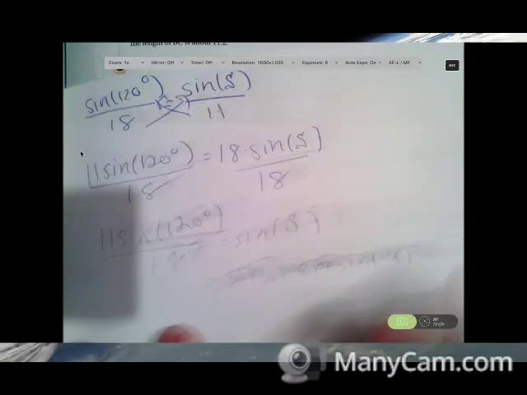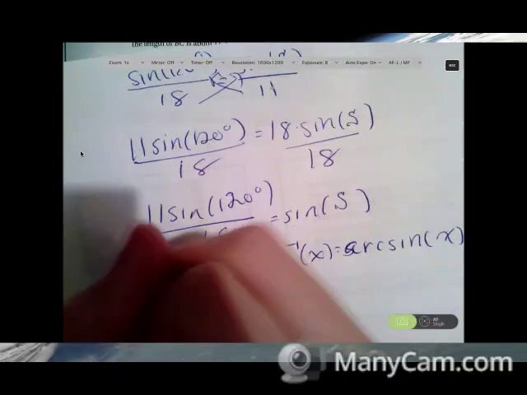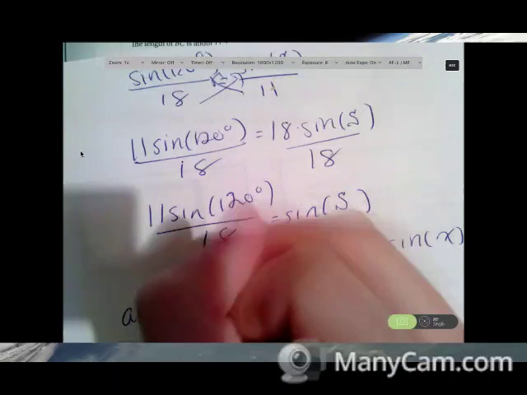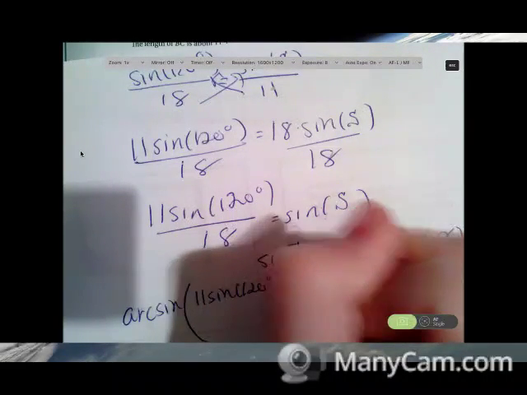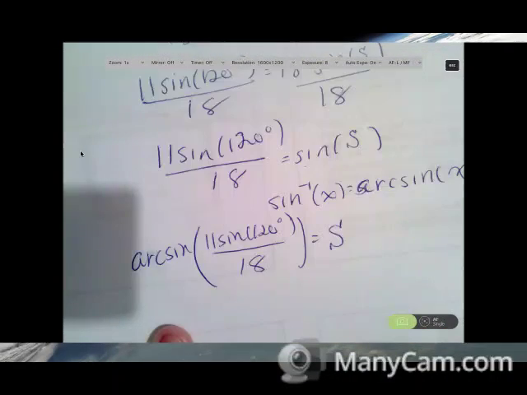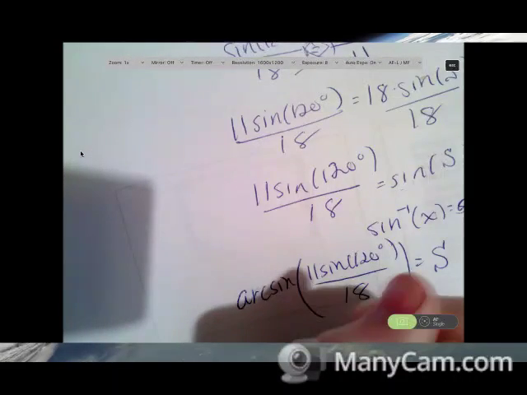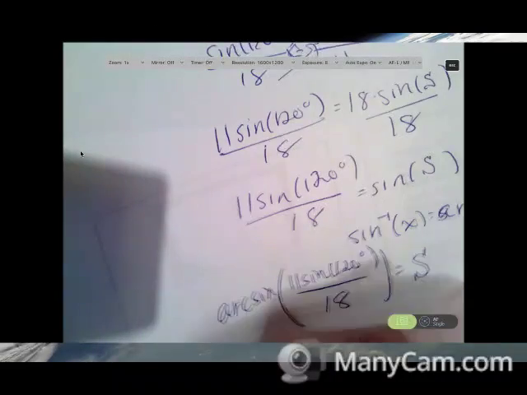These two are the same. The book uses this notation, but I use this one. So I'm going to take the arcsine of 11 sine of 120 degrees over 18 equals S. And when you do all that calculation, you get the measure of S roughly equals 32.0 degrees.